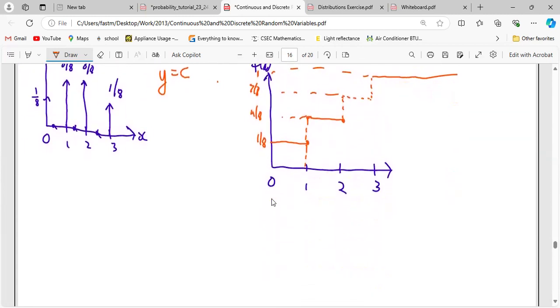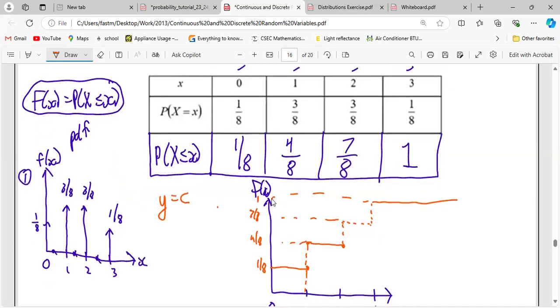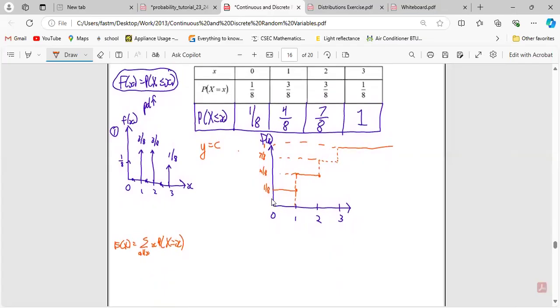Alright, so the next thing we have to get is the expectation of x, which is the sum for all x of x times the probability that X is equal to x. You could just use the table to continue the working, but since I already used the table, I had to create my own table, or you could do it in your head, but I hate doing that.